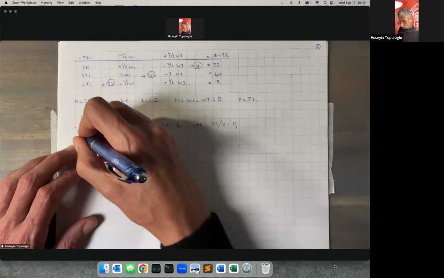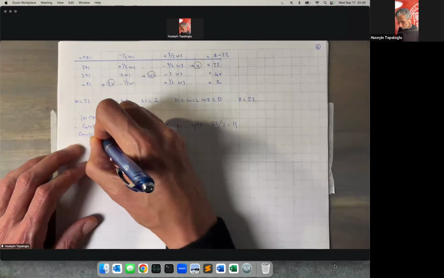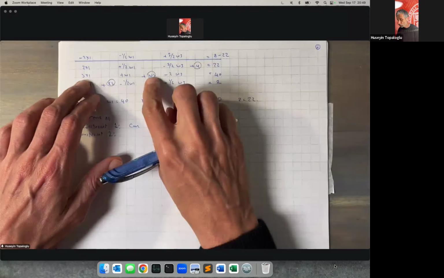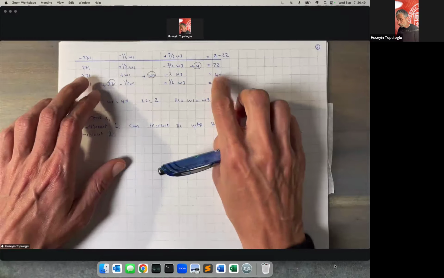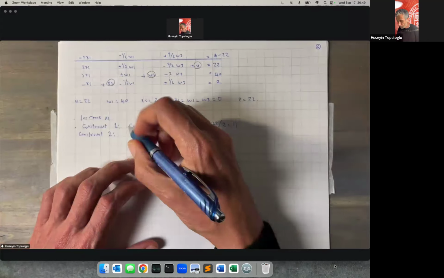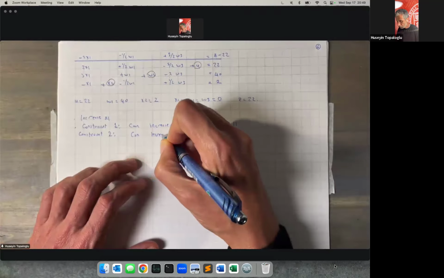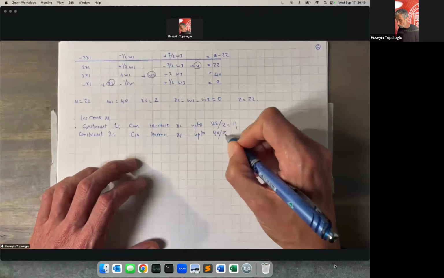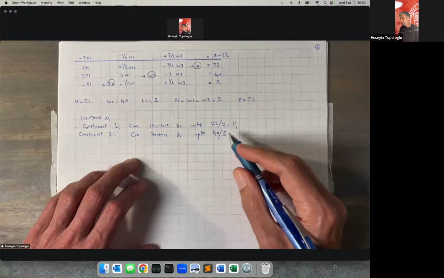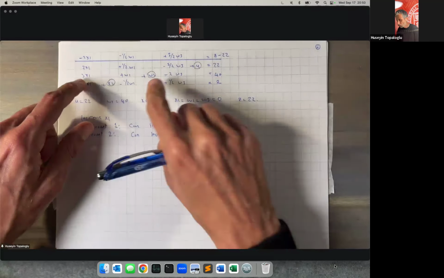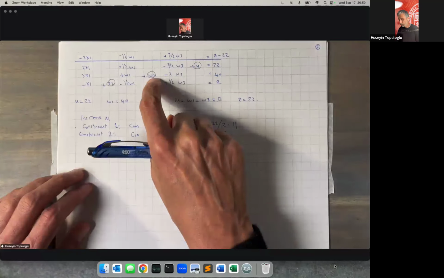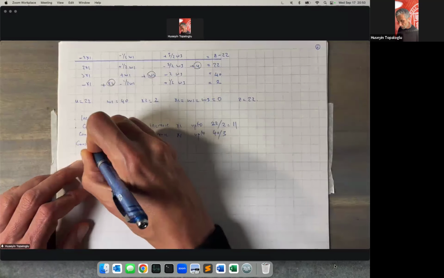From constraint 2, how much can I increase x1 before w2 turns negative? I can increase it all the way to 40 over 3, which is like 13.3. So we can increase x1 all the way to 40 over 3 before w2 turns negative from the second constraint.